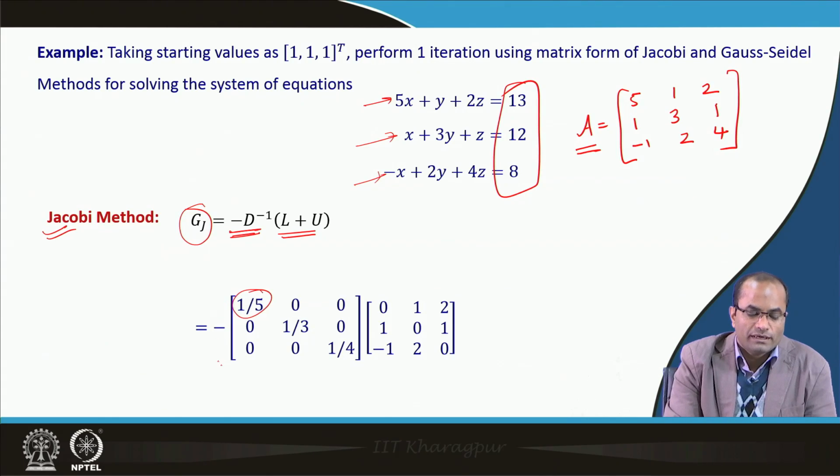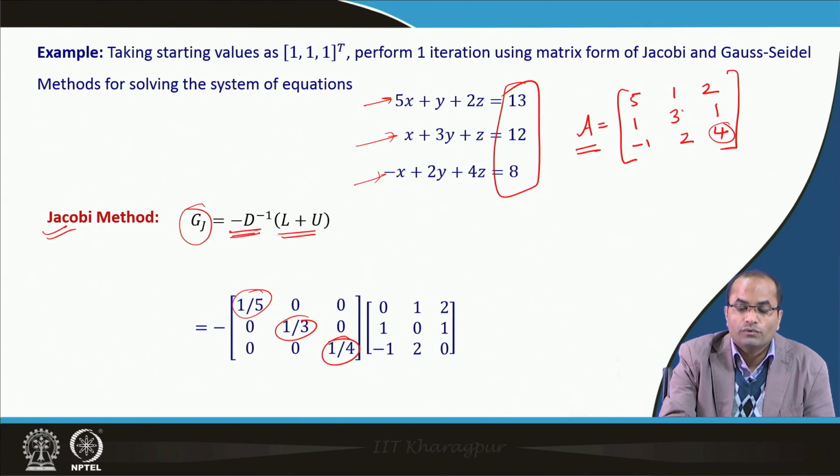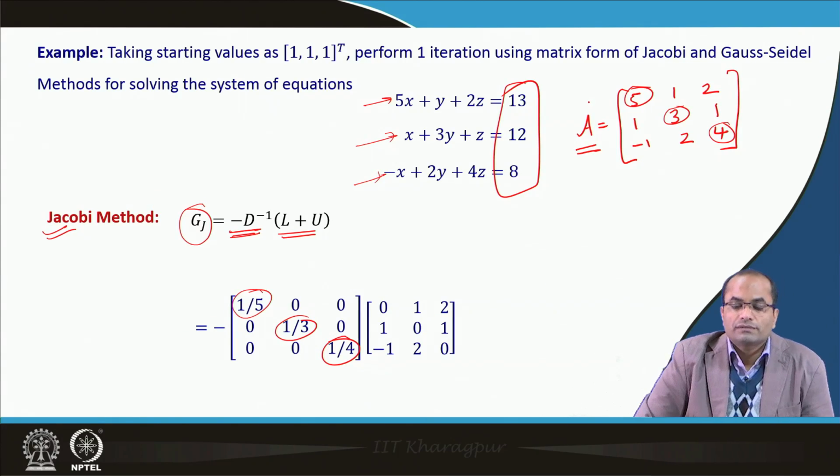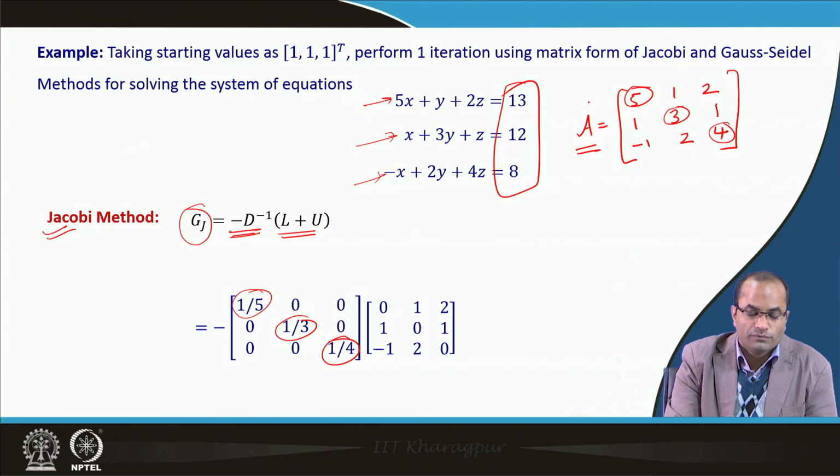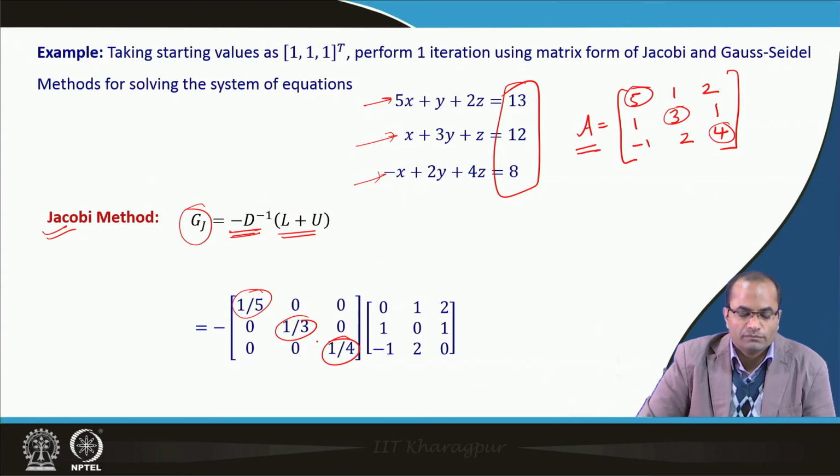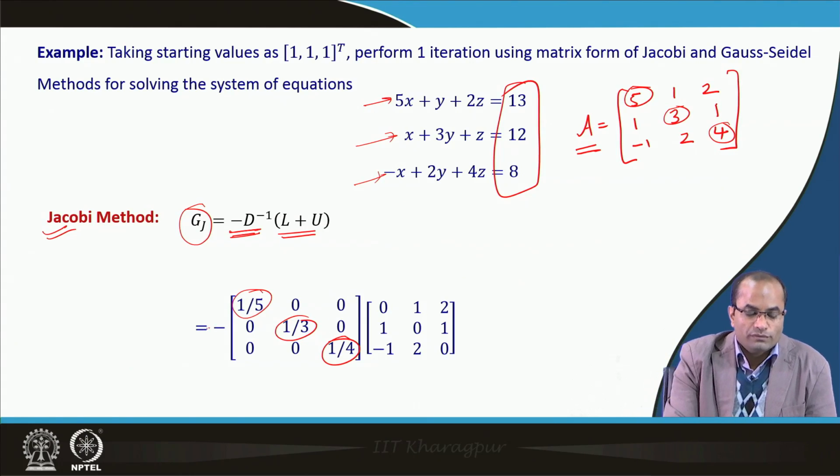So, instead of 5 we have 1 by 5, then 1 by 3, and then 1 by 4. We get this inverse with the minus sign.